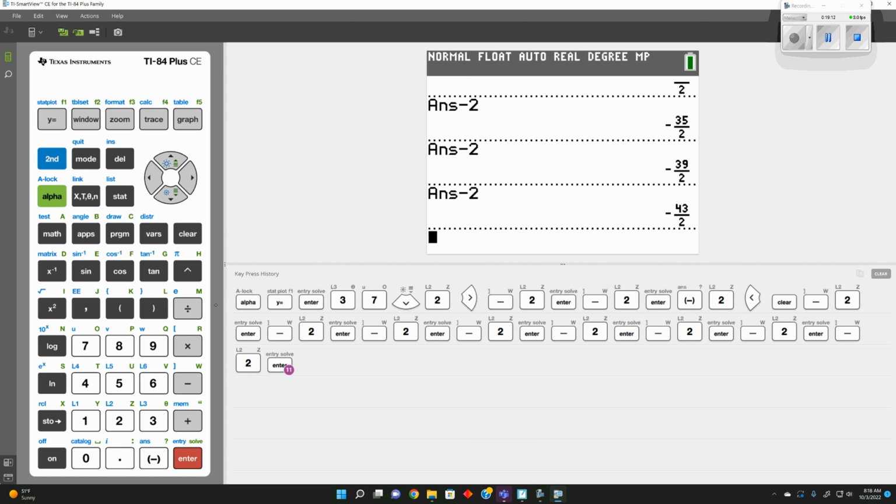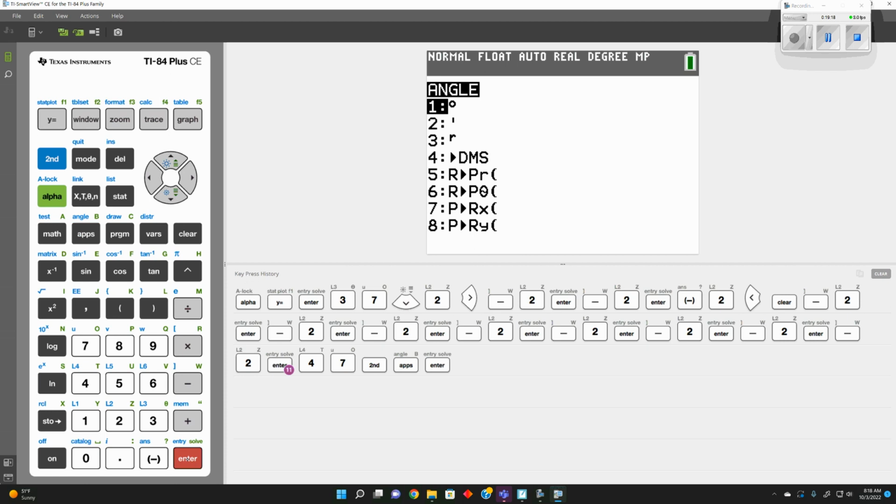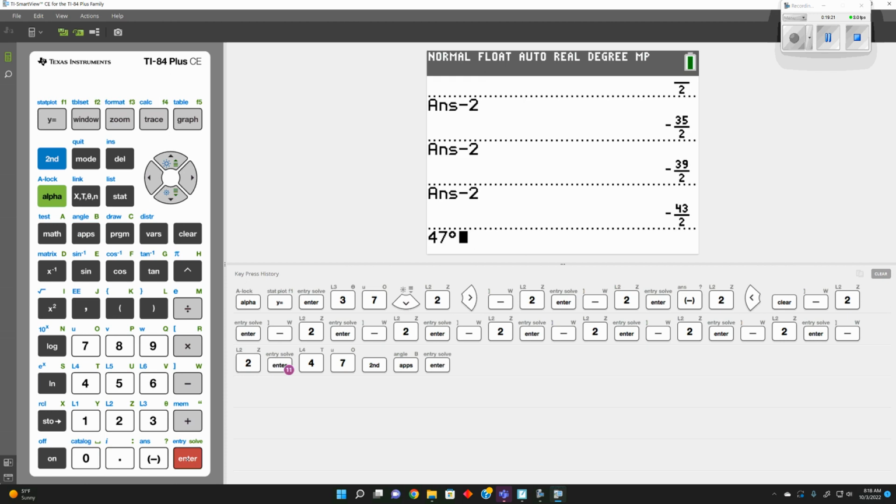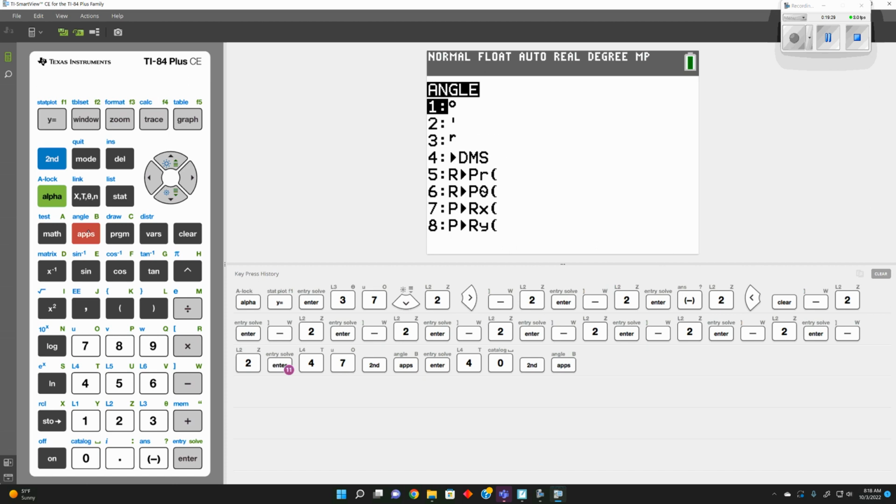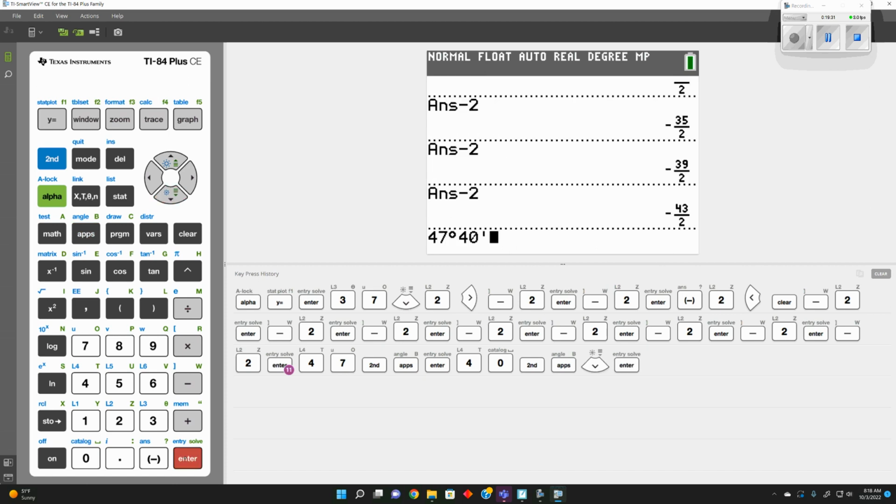Now on the graphing calculator, for 47, we can go second apps and say degrees. And then I think it was 40 minutes, 20 seconds. Then we could go 40, second apps, and the first one down is minutes, 20.